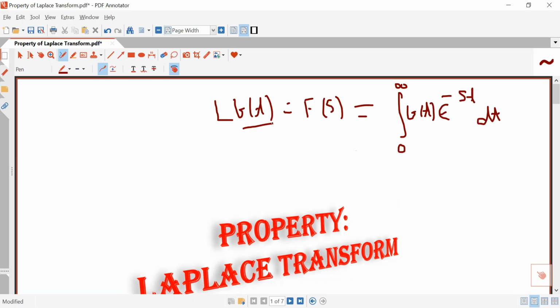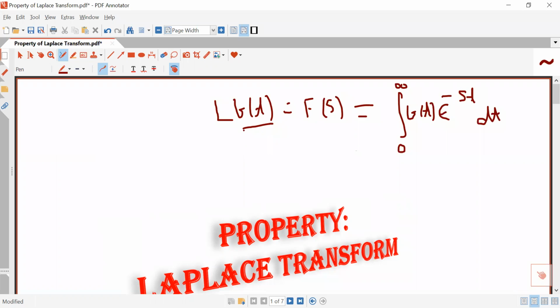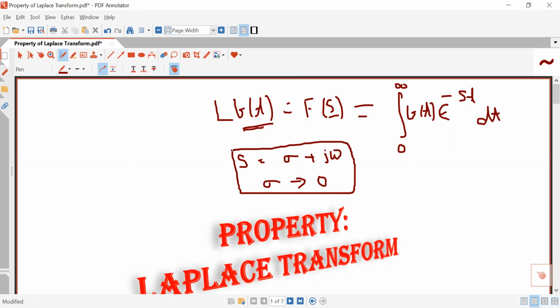And second thing is Laplace transform basically transforms a time domain signal into the s domain. Here s is basically a complex number, sigma plus j omega, where sigma is very small, or you can say tending toward 0. So this concept I have already covered in the previous video.